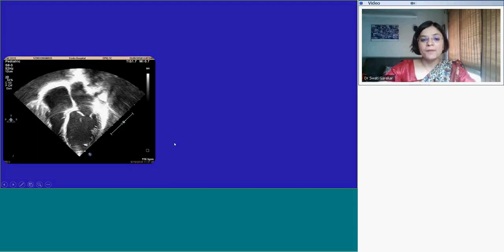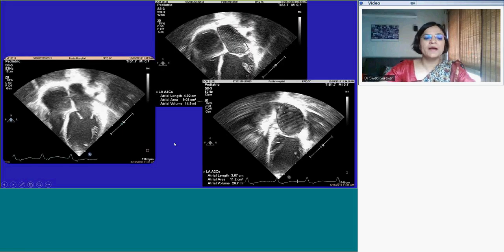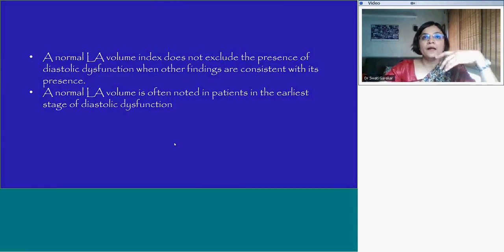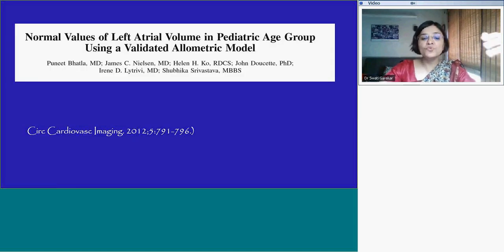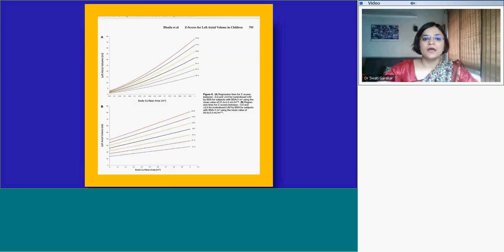But it's a very helpful parameter. In early diastolic dysfunction, LA volume will be normal. LA increases as your left atrial pressure increases. Cumulative data, so this is from 2012. You can use these scores to see what is normal or not.